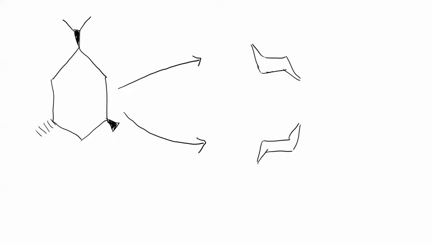So to draw this cyclohexane as one of the conformers, I'm going to start by just drawing out a conformer that could exist and then flipping it. So I know that this group has to be up.